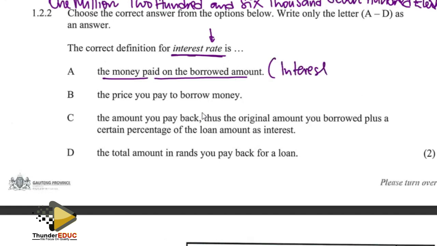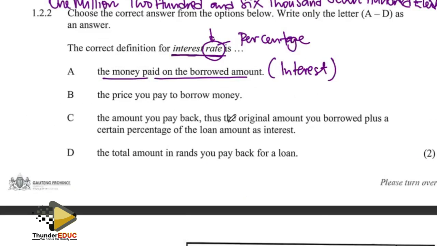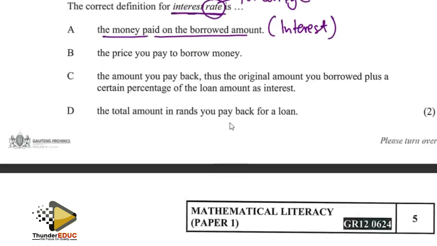It's the interest. It's not the interest rate. Interest rate, because of this word, has to be what? A percentage. That's why you see here on the table, this is the estimated interest rate, and it's what? A percentage. So in the definition, you would be looking for a percentage.